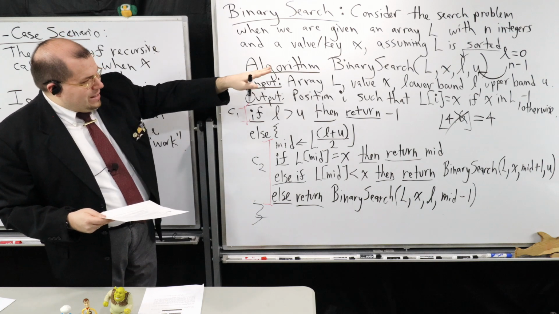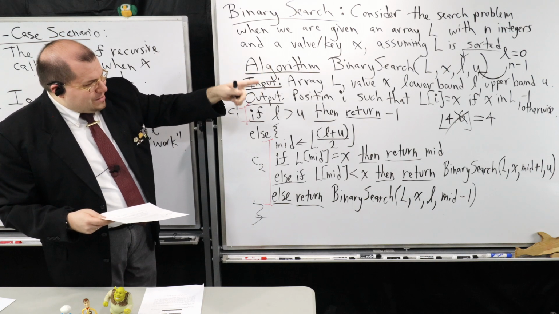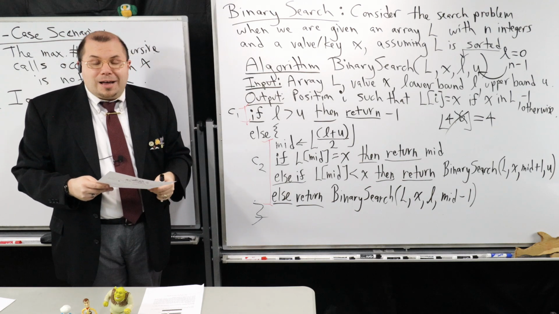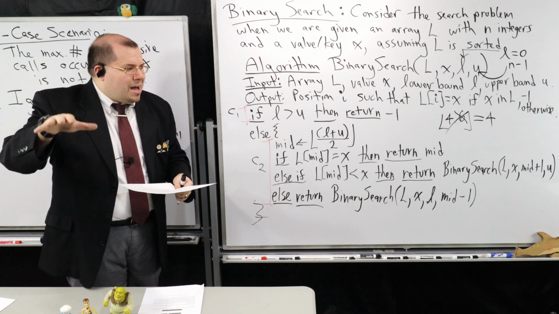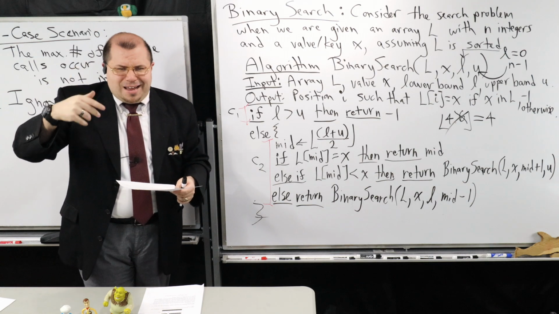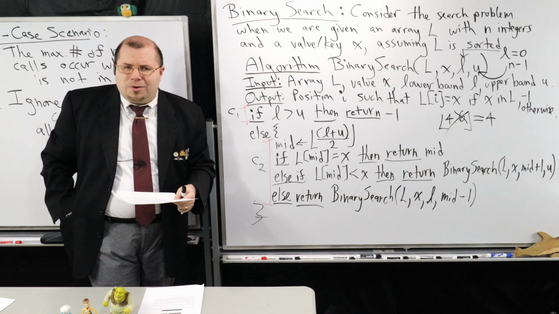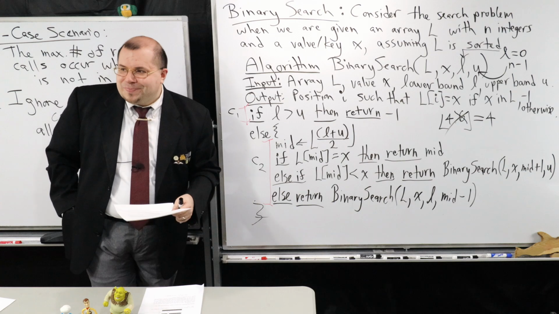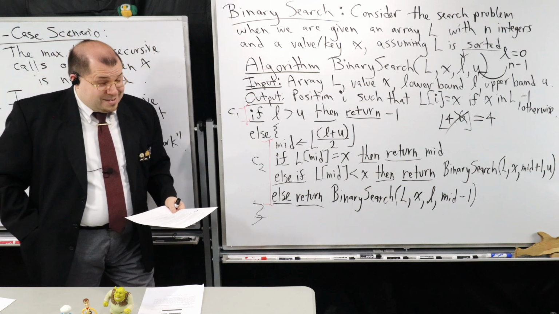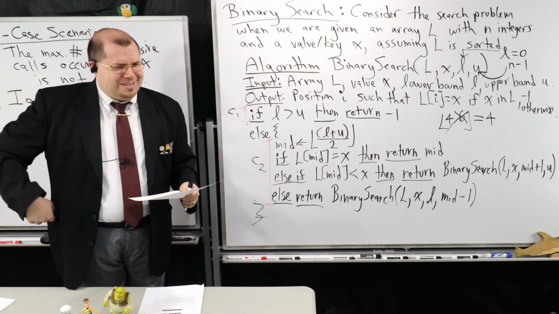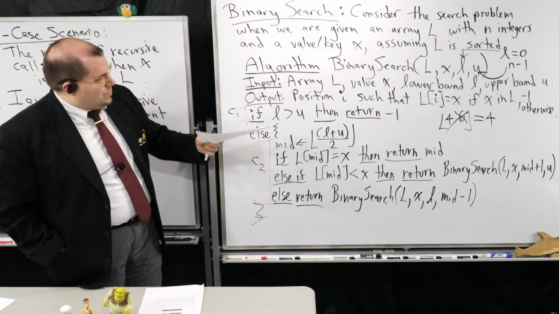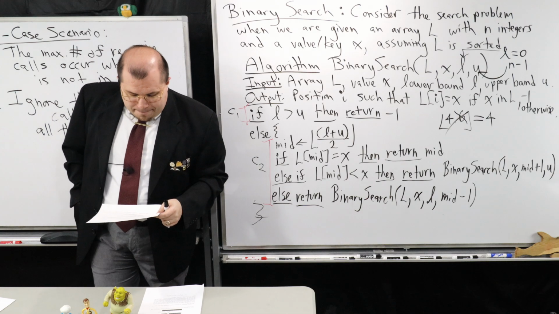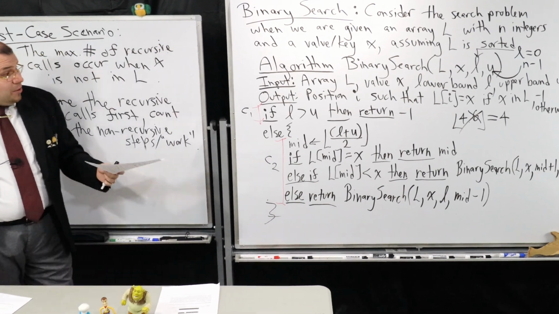So if you find yourself looking at this like, okay, so that isn't an array with the key X, that has these extra parameters, if you ever find yourself wanting to write it like that, there's such a thing called a driver function. I'll have some remarks about that in my example that's in the notes. If you want to look at the C++ example I have there, I show you what one of these would look like. It's really simple. It's nothing too special. It's just a simple way of writing this out so you don't have to have these extra parameters whenever you call binary search.